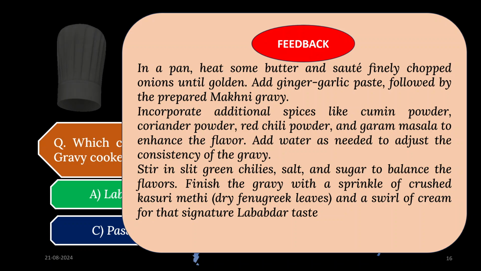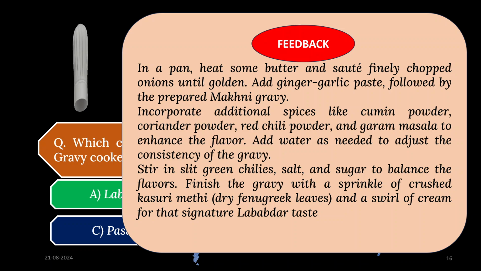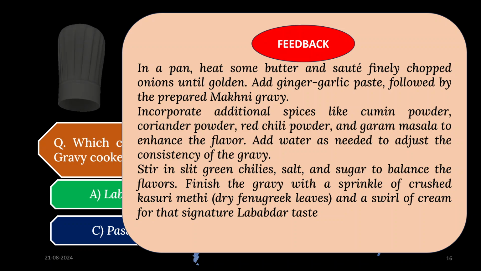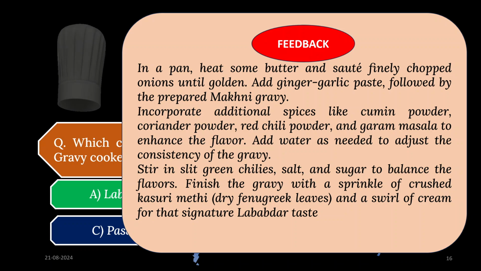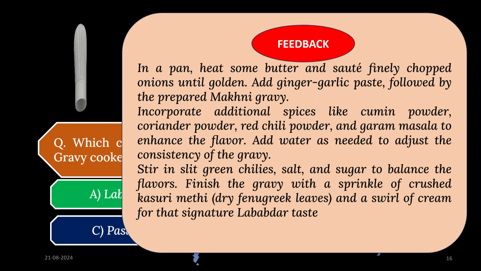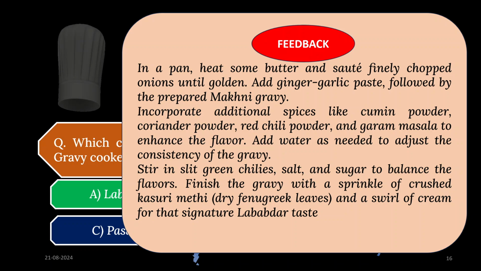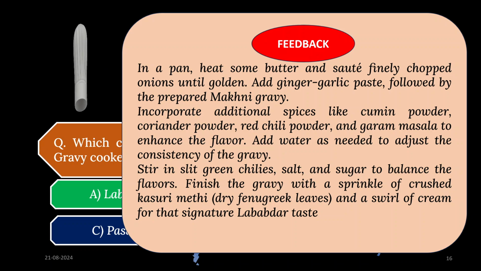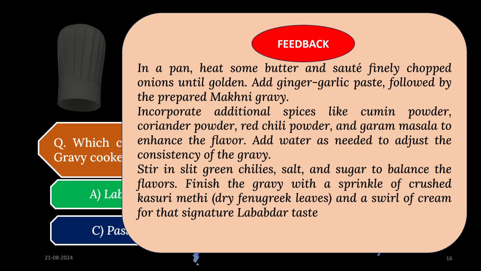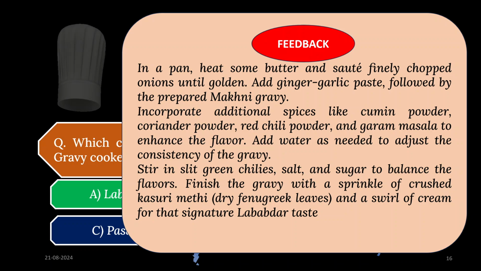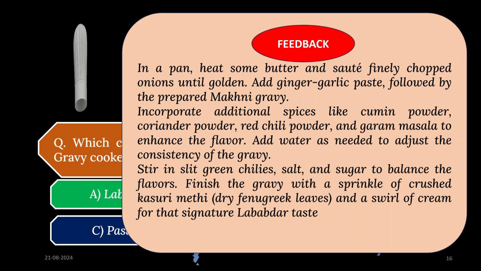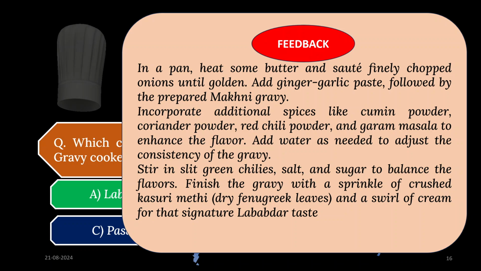Incorporate additional spices like cumin powder, coriander powder, red chili powder and garam masala to enhance the flavor. Add water as needed to adjust the consistency of the gravy. Stir in the split green chilies, salt and sugar to balance the flavors.